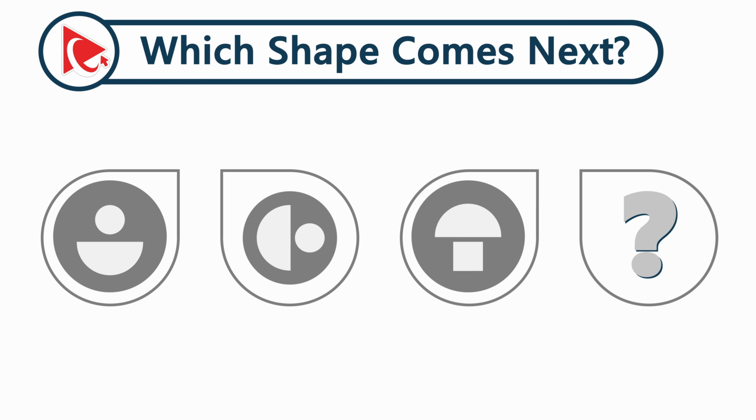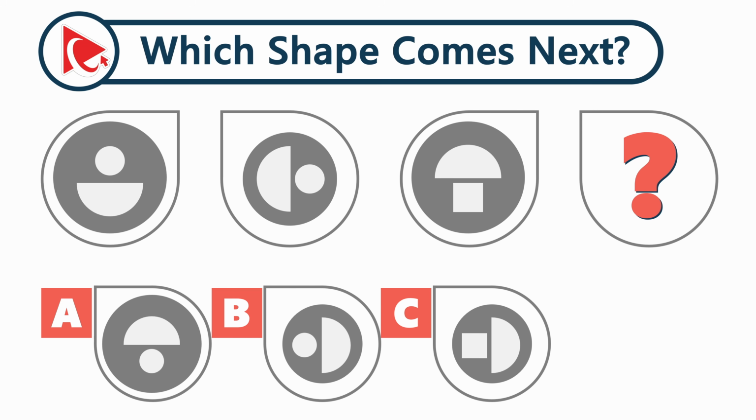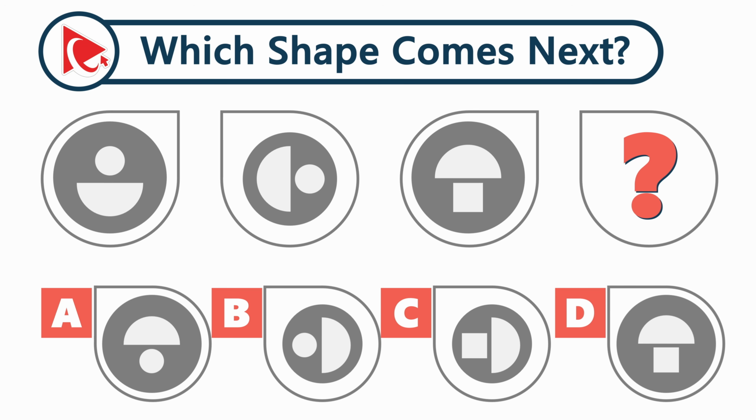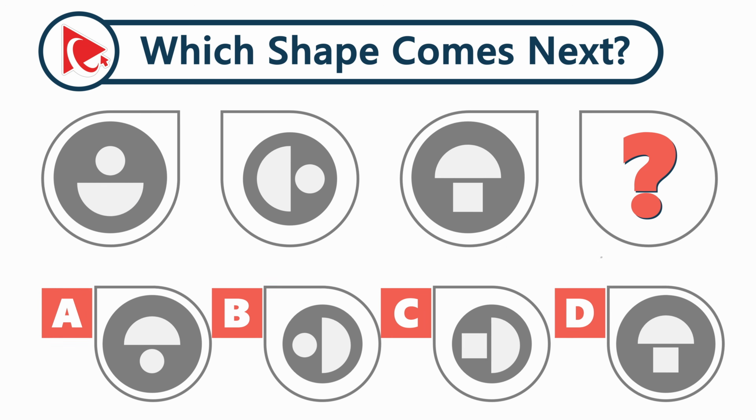The sequence of shapes consists of objects 1, 2, and 3, and the fourth object is missing, and you need to select the right answer, the next item in the sequence, based on the 4 possible choices. Choices A, B, C, and D. Take your time to carefully think through this navigation challenge, eliminate the wrong choices, and double-check your final answer. Ready, set, go.